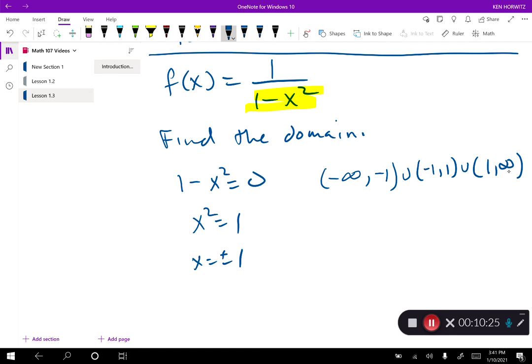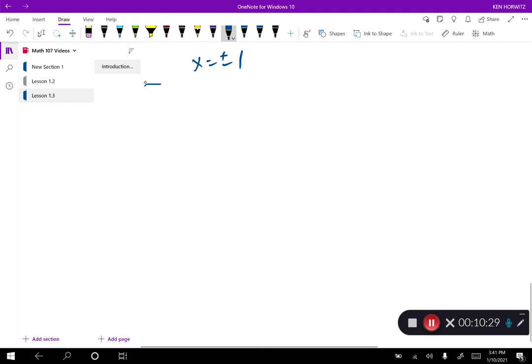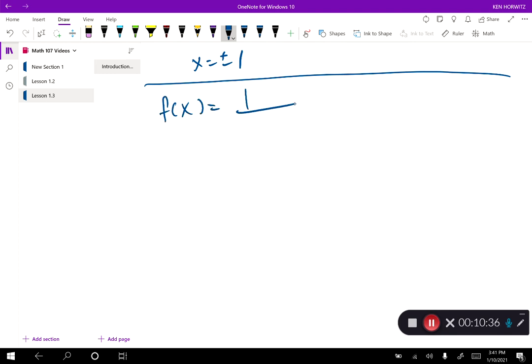The next example I'm going to take a look at is one with a square root. So I have f of x equals 1 over the square root of x minus 1. So now I have two things that I really need to take a look out for.